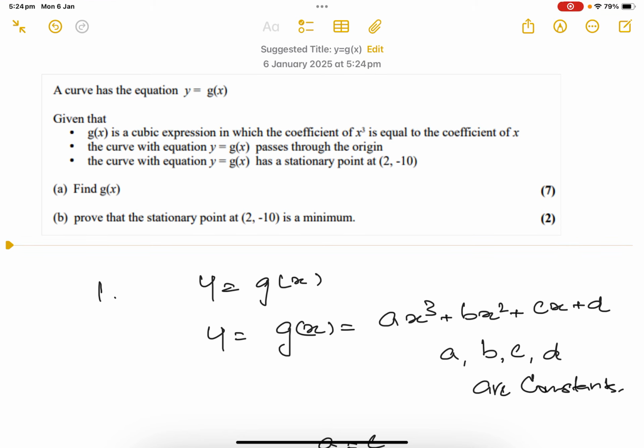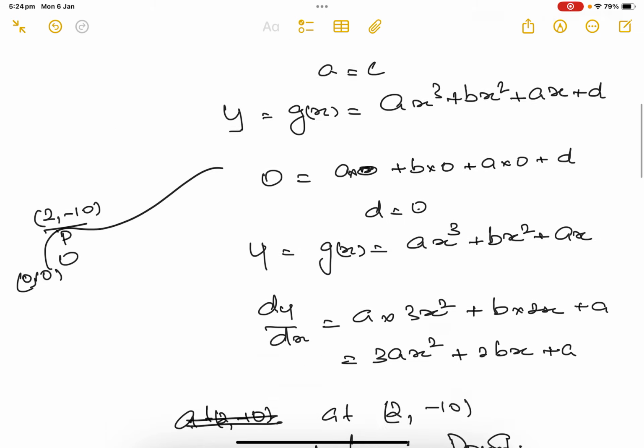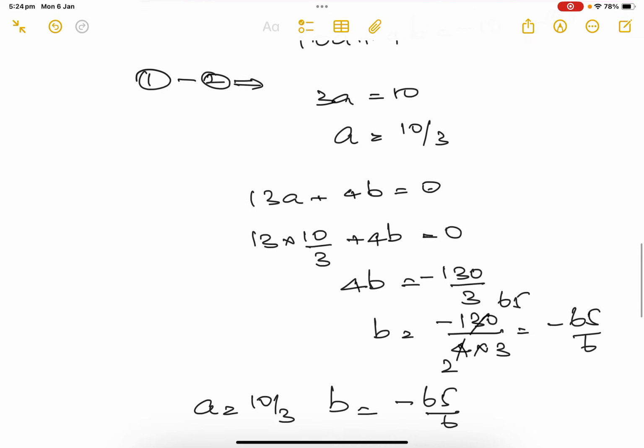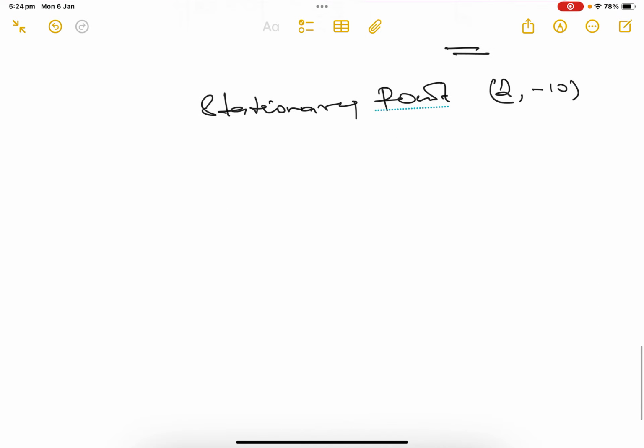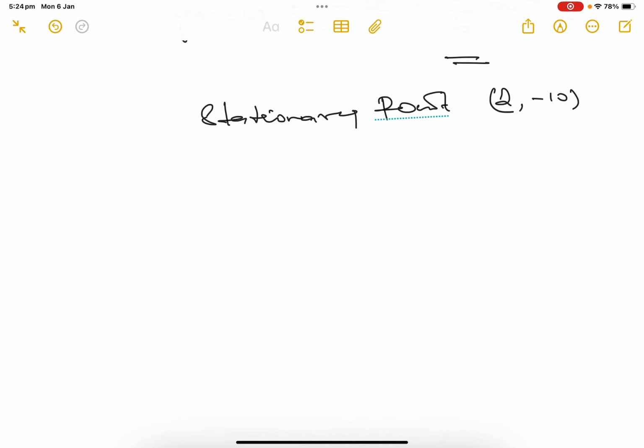If it's a stationary point, there can be a maximum, minimum, or point of inflection. In order to find which, we need to go into the second order differentiation.